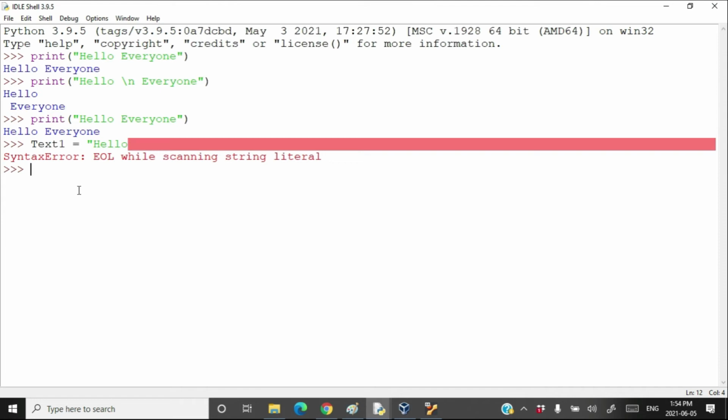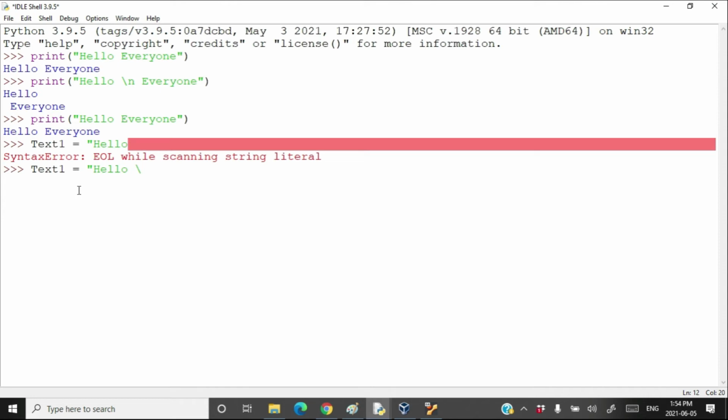So let's see what the multi-line string is. One way to use a multi-line string is you can type text1 is equal to hello, and then you have to ignore the next enter button press. If you have to ignore anything in a string, then that character should be preceded by the backward slash.